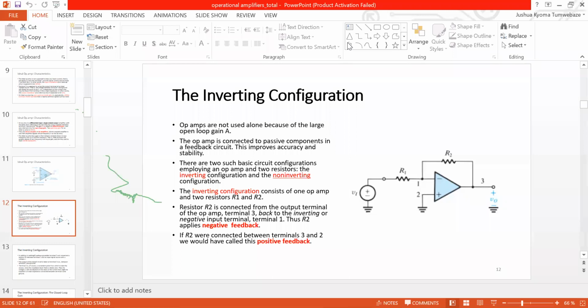If you have an infinite gain, that means you cannot control the output of your circuit. Practically, your output will not go to infinity. It will be limited by the power supplies. So if you're feeding your op amp with plus minus 15 volts, then your output will always be either at plus 15 or minus 15 volts.